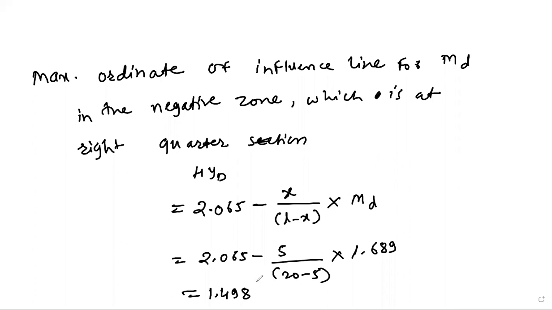So we have calculated the value, that is the maximum ordinate of ILD for EMD in the negative zone. So you take H into yD minus the value x by L minus x, put up the value with EMD, then you get that value. So now I have to draw the ILD.